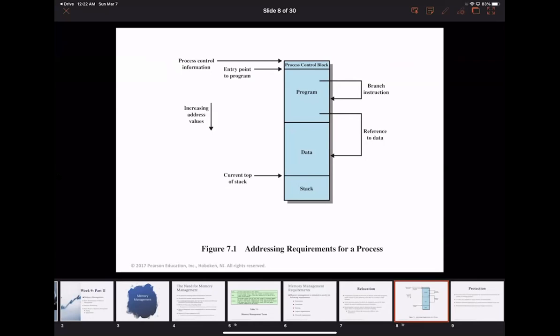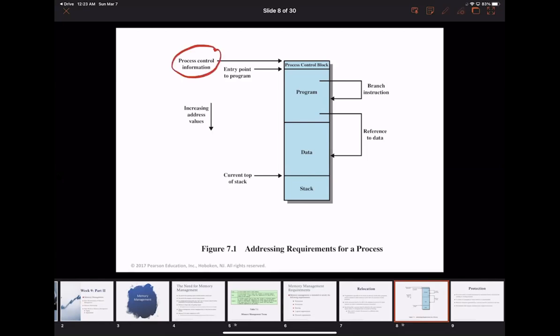This figure shows a process image. For simplicity, let's assume that the process image occupies a continuous region of main memory, like a continuous number of frames in the main memory. Clearly, the operating system will need to know the location of the process control information and of the execution stack, as well as the entry point to begin execution.